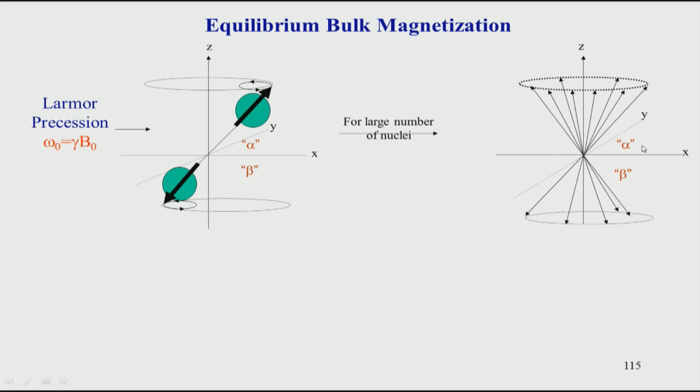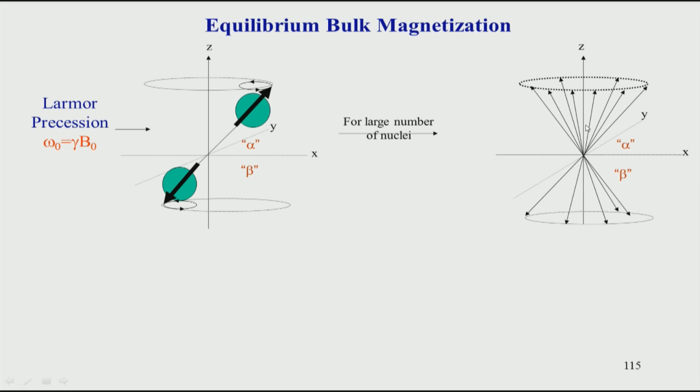Now similarly, if you have the alpha state, you have spins pointing this way, and in the beta state the spins are pointing downwards. So, what if you do a vector addition and subtraction? We saw that in the xy plane, if you take a projection of this vector in this direction, there will be something else which will come in this direction. So, they will cancel each other. If you look in the xy direction, the spins all cancel each other, but you have a net vector addition in this direction plus another addition in this direction.